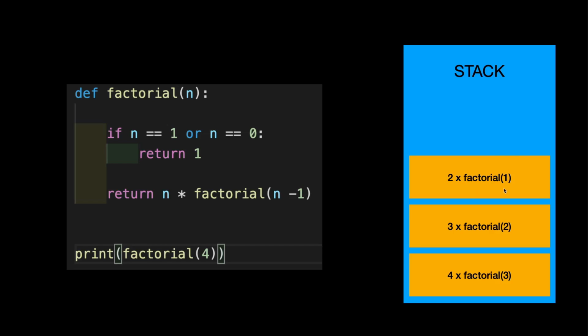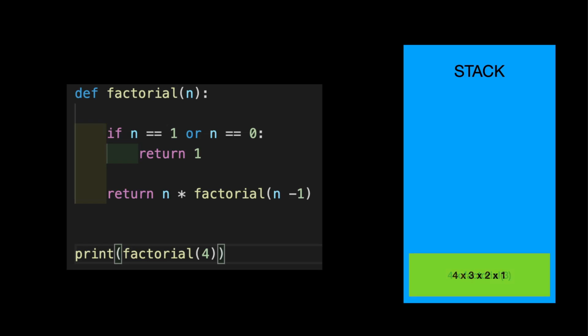The factorial 1 result will be returned to the previous function in the stack. Once that is done, it will be removed, and the result will be returned back to factorial 2, then factorial 3, and finally factorial 4, which is 24. That is how Python handles functions inside memory.